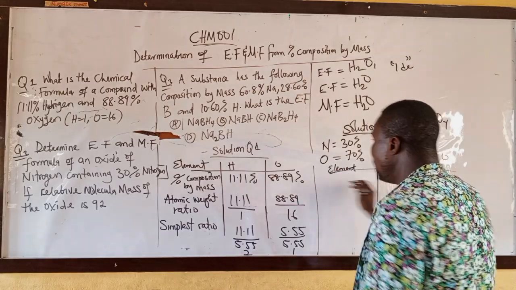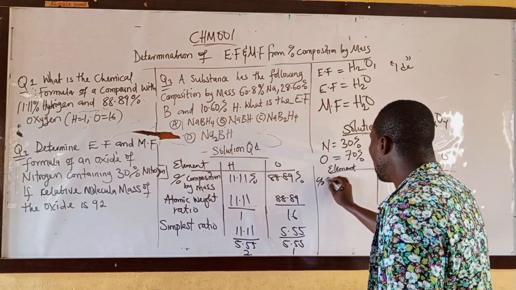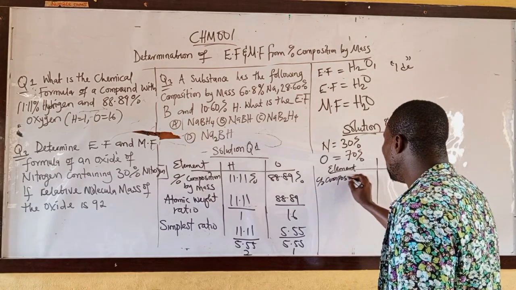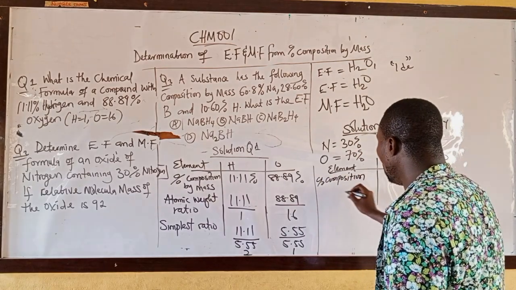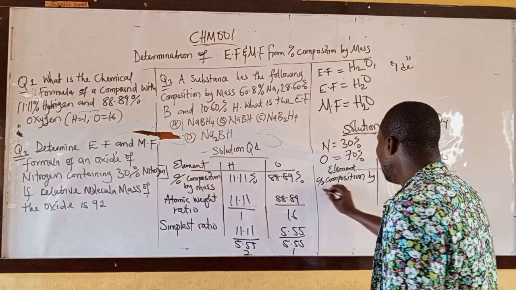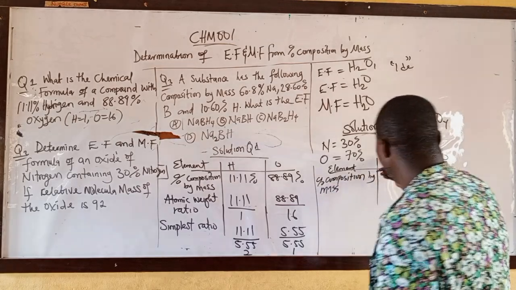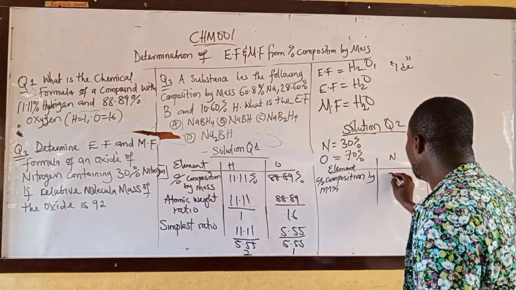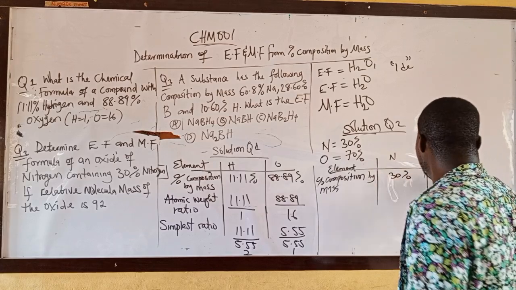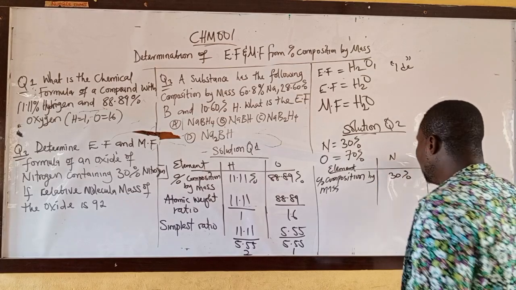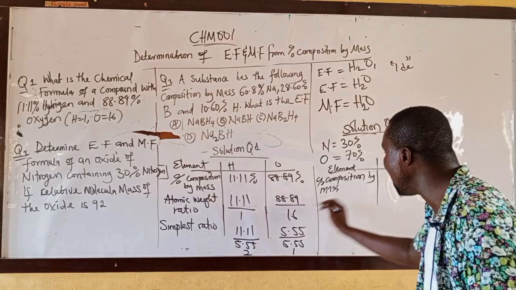Then I have percentage composition by mass. Percentage composition by mass of nitrogen is 30%, oxygen is 70%.